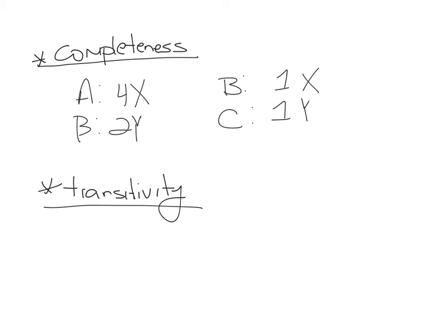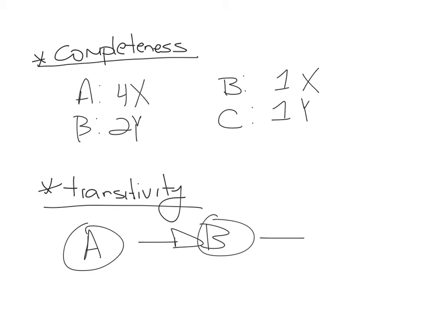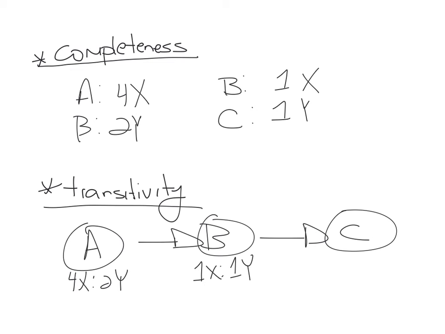Basically, if the consumer likes choice A to choice B, and likes choice B to choice C, then the consumer must also like choice A to choice C. For instance, if the consumer has a choice between bundle A with 4x and 2y and bundle B with 1x and 1y, and the consumer tells you that he likes A rather than B, and likes B rather than C, which could have something like no x and 1y, then he must also like A rather than C. So the transitivity assumption basically assumes that the consumer is consistent in their choices.